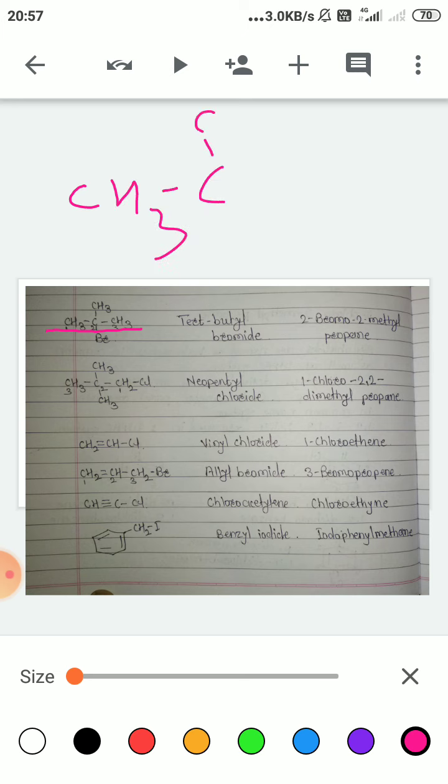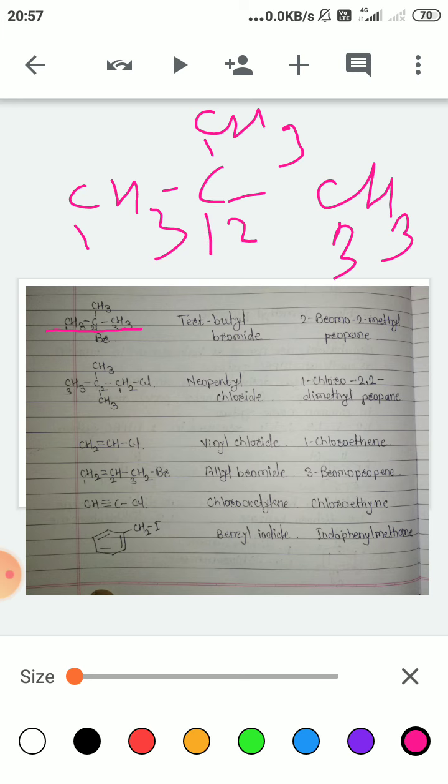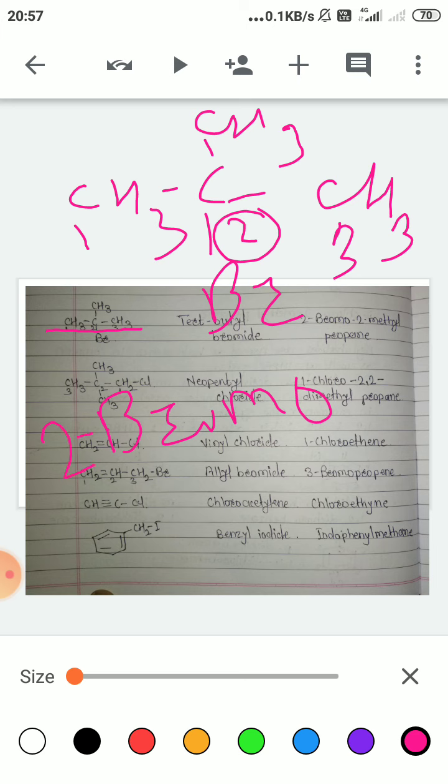Now give numbers to all these carbon atoms: CH3, C, CH3, CH3, 1, 2, 3. The second carbon atom contains Br, bromine, so bromo. The position of bromine is second, therefore 2-bromo.